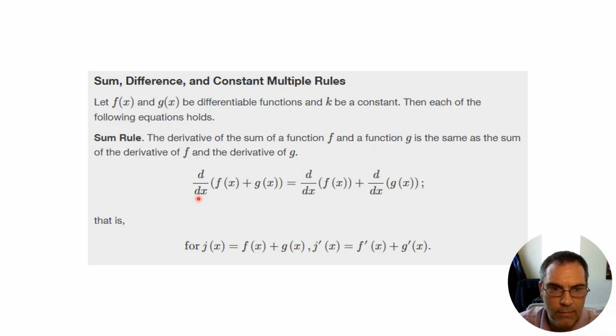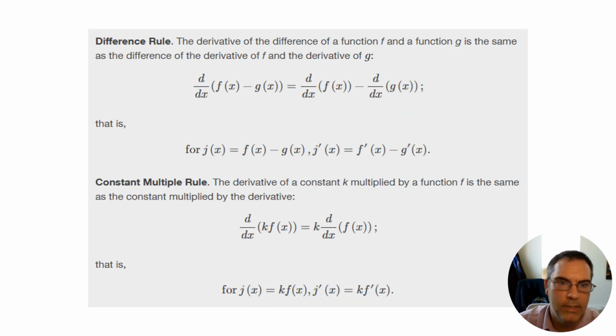So the derivative of the sums is the sum of the derivatives. Okay, so pretty simple. The difference rule is essentially the same. You can distribute the derivative through, and so the derivative of the difference is the difference in the derivatives. So you can just put it through.